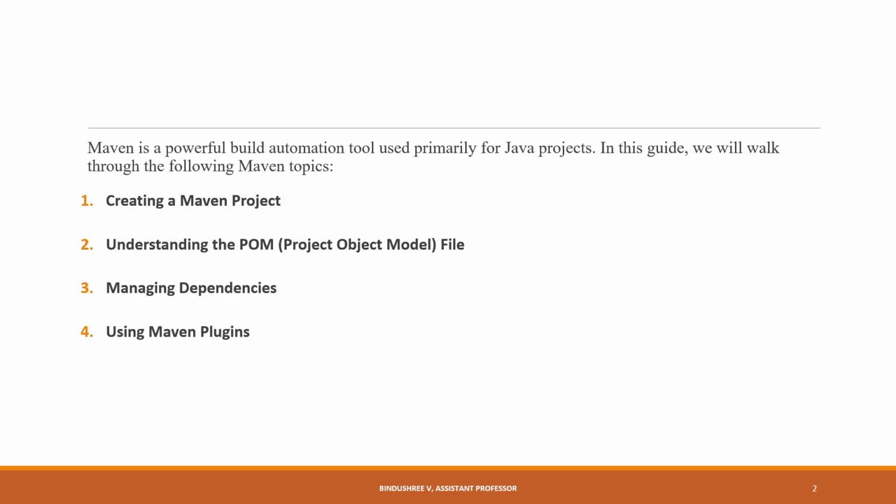What we do in this program is first create a Maven project, then understand what the POM, the project object model file, is, and also how we manage dependencies and how we use Maven plugins. Everything we will get to know in detail.